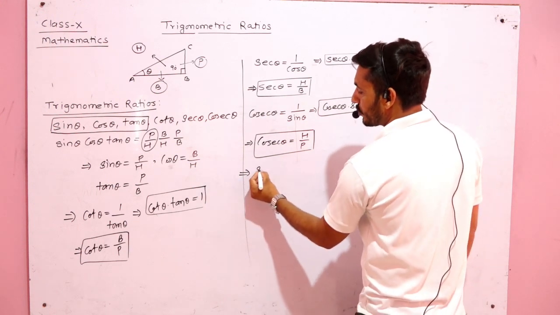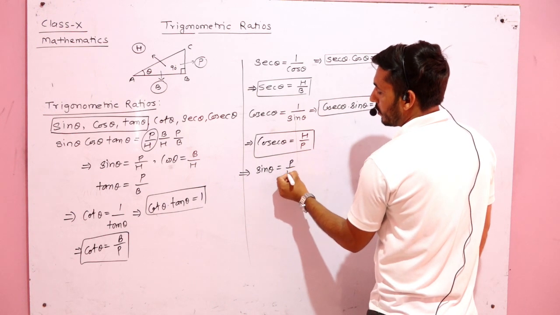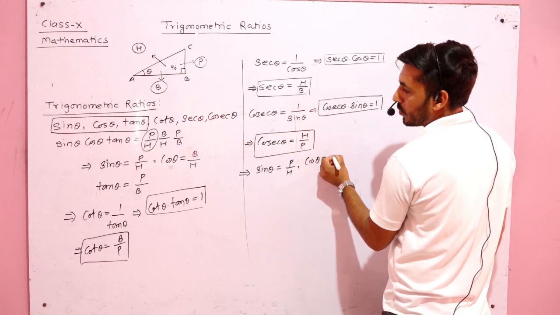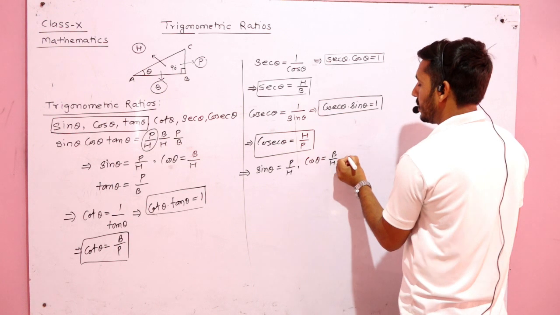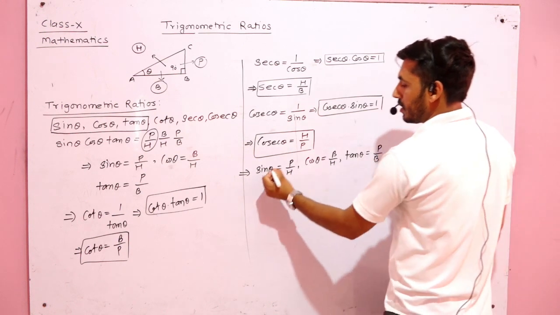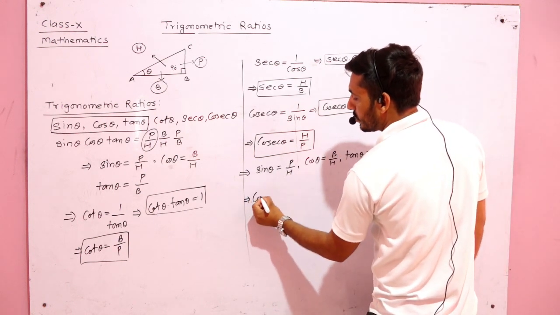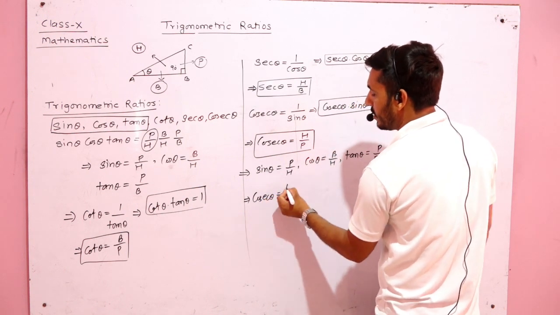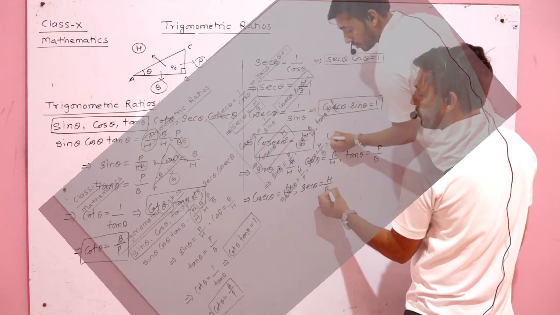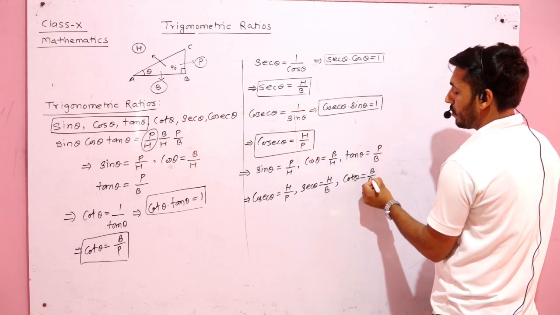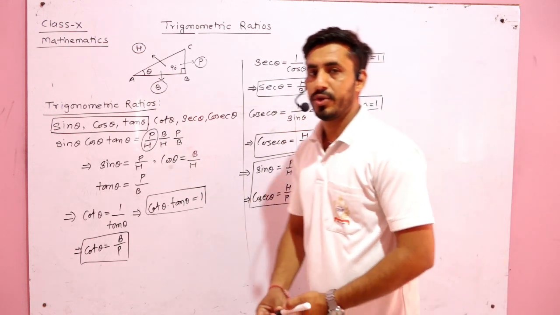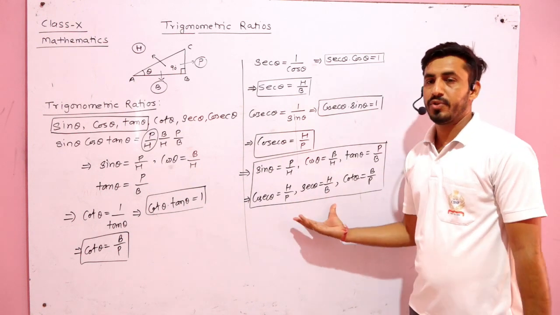We can say sin theta is equal to P upon H, cos theta is equal to B upon H, and tan theta is equal to P upon B. From here cosec theta, the opposite function of sin theta, is H upon P. Here I can write sec theta is equal to H upon B, and cot theta is equal to B upon P. All these six trigonometric ratios are written here. You can note down.